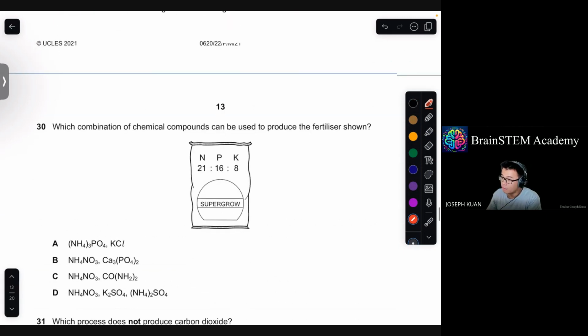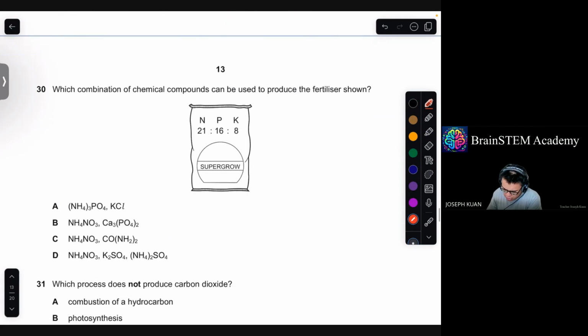All right, moving on to question 30. Which combination of chemical compounds can be used to produce the fertilizer shown? This is an NPK fertilizer. How do you make NPK fertilizer?